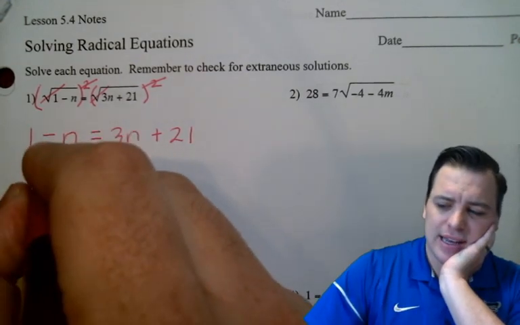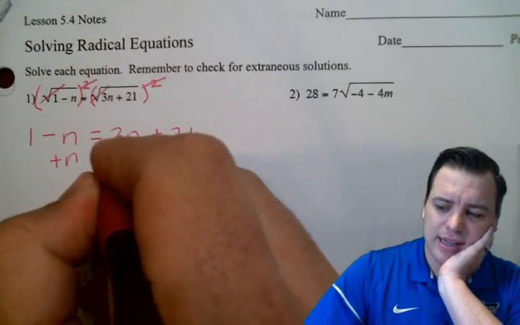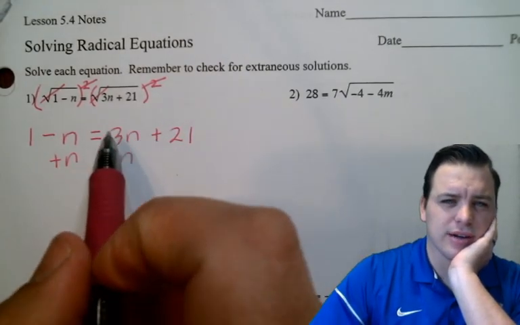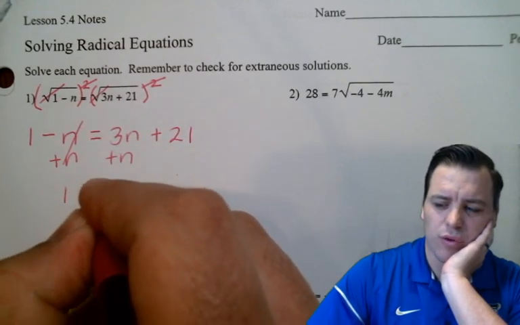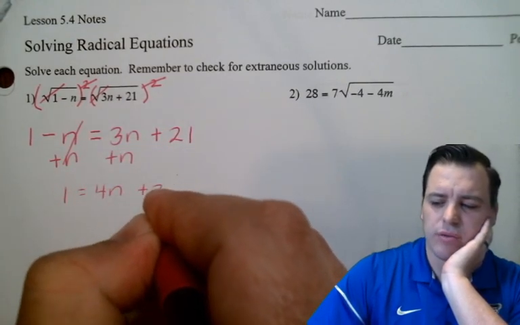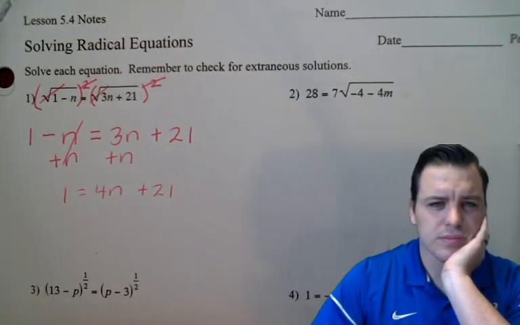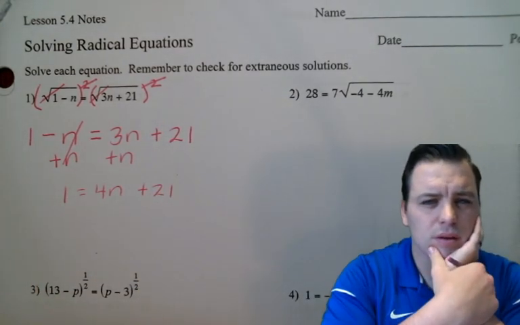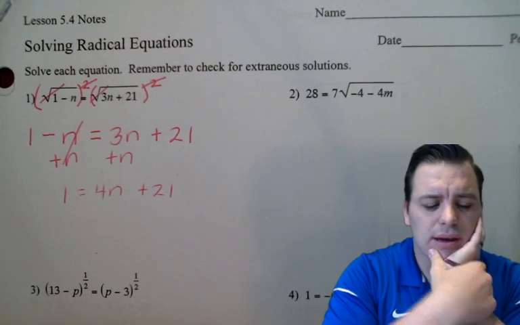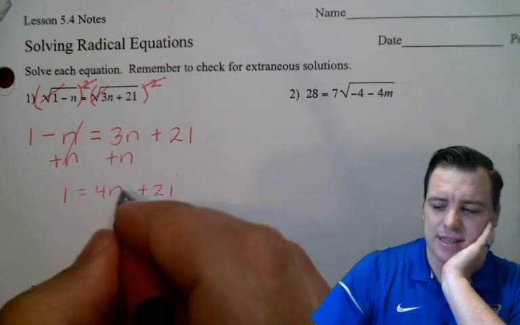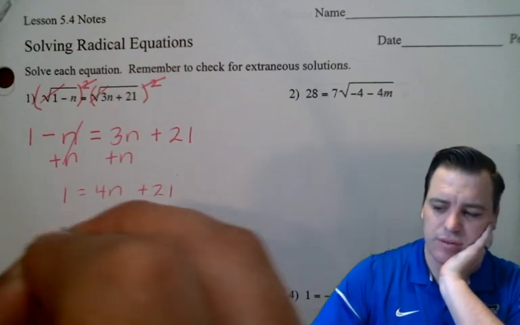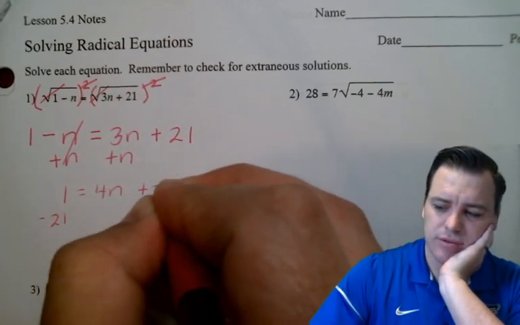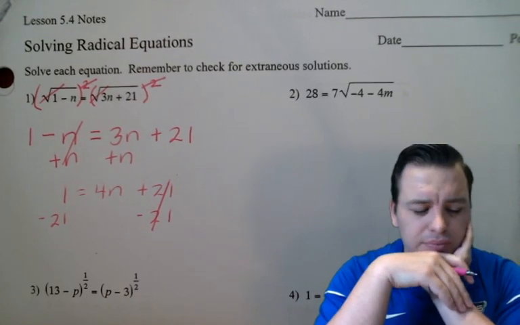From there, I add n to both sides, because I'm just trying to isolate n. That would give me 1 equals 4n plus 21. And then again, if my goal is to isolate n, I need to get that 21 to the other side. So minus 21, that cancels there.